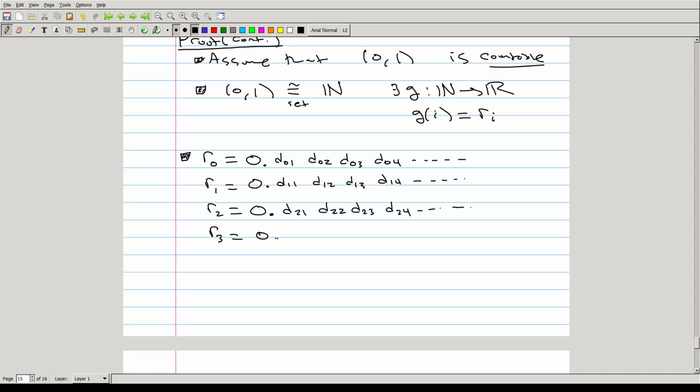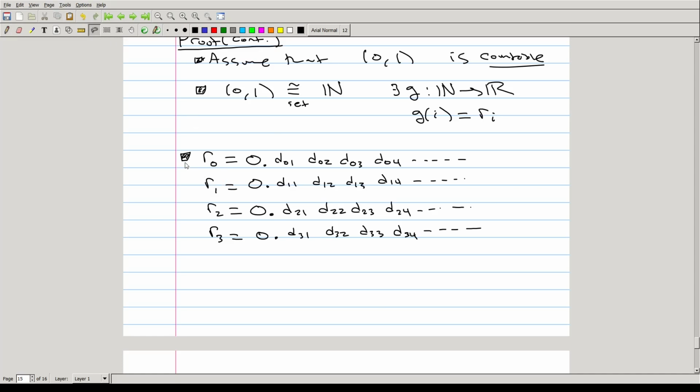R3 is going to be 0.D31, D32, D33, and D34, and so on and so forth.